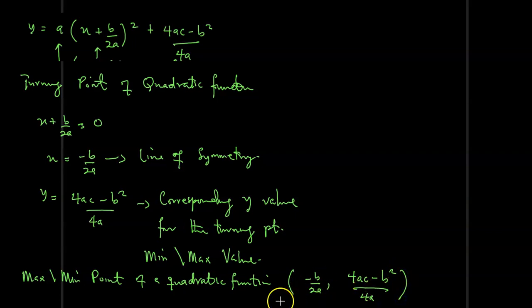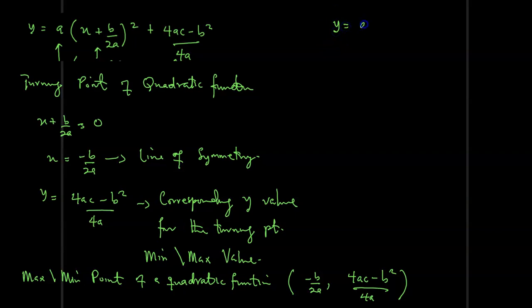So this expression here can help you to determine that. So let us take into consideration how to determine the maximum point and minimum point of a quadratic function. All this taken into consideration, you should know that every quadratic function has two main points of turning, which is the maximum or minimum.